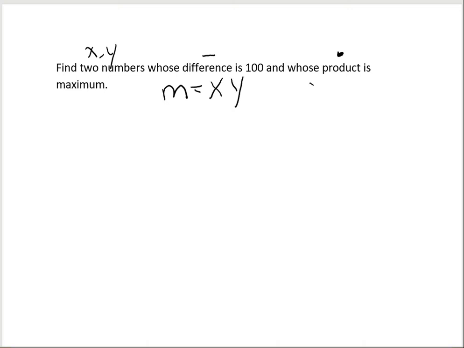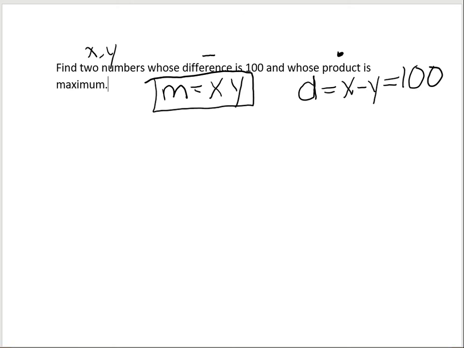And then their difference, which is x minus y, or you could do y minus x, equals 100. Okay. So that's what we have to work with. Now this has two variables in it, x and y on the right.